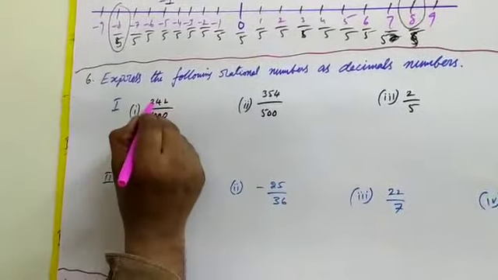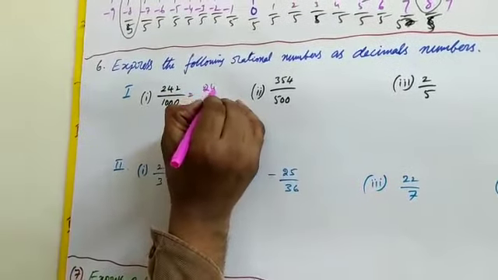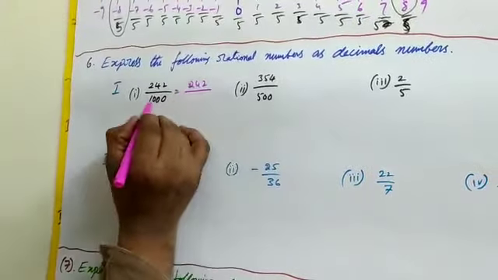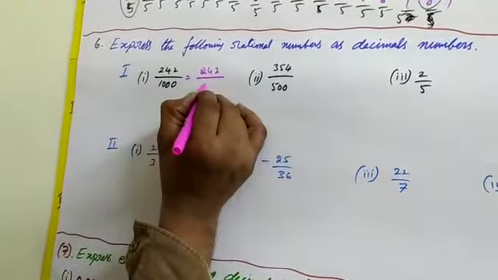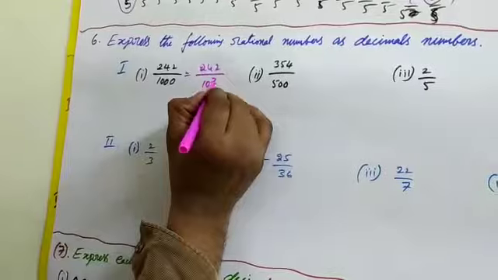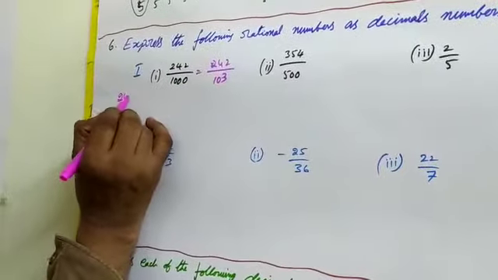Given the rational form 242 divided by 1000, what is the meaning of 1000? The 1000 means 10 cubed.